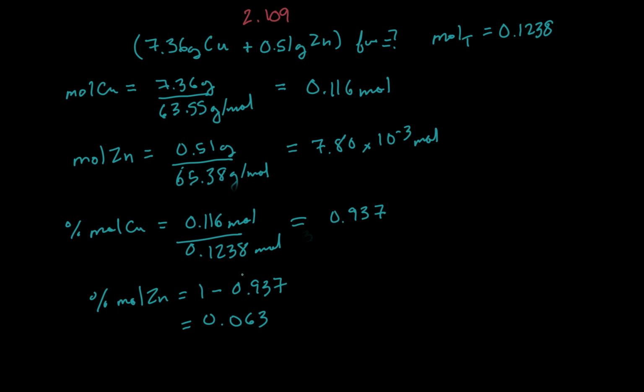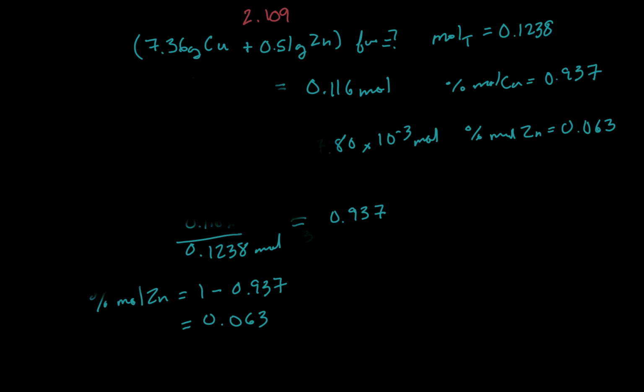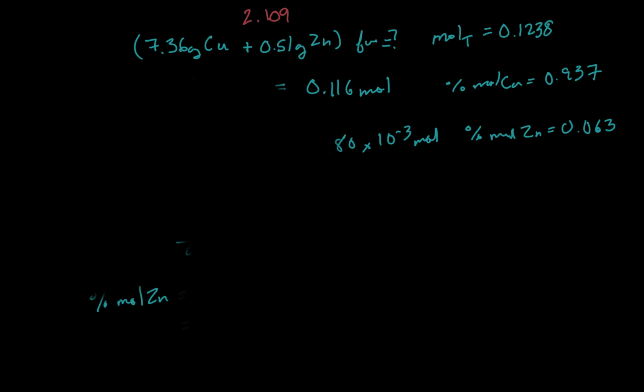So the mole fraction of zinc is 0.063, and of copper is 0.937. Let's get rid of this stuff and finish this off.